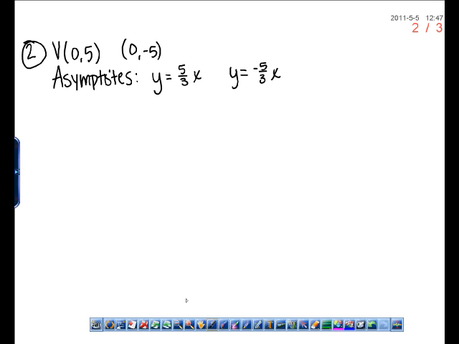So your vertices are at 0, 5 and 0, negative 5. And you're given the equations of your asymptotes. Y equals 5/3 x and y equals negative 5/3 x. So let's plot what we know. Our vertices are at 0, 5, and 0, negative 5.